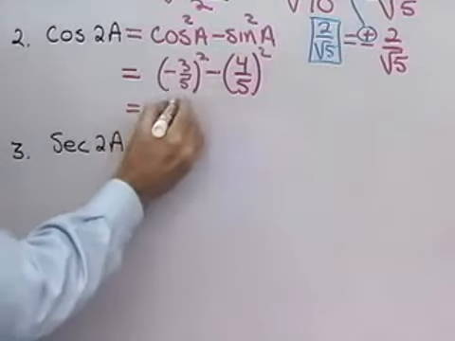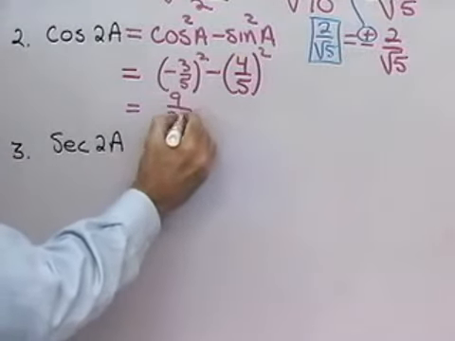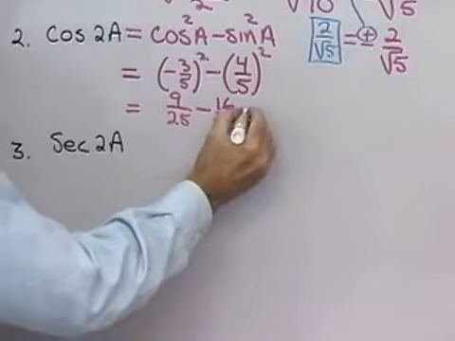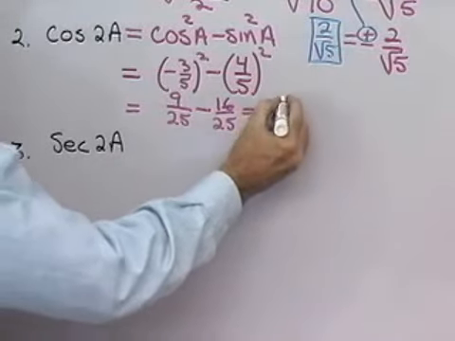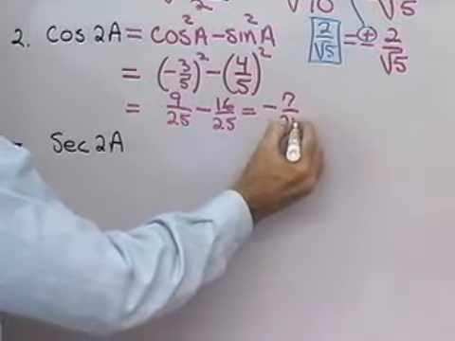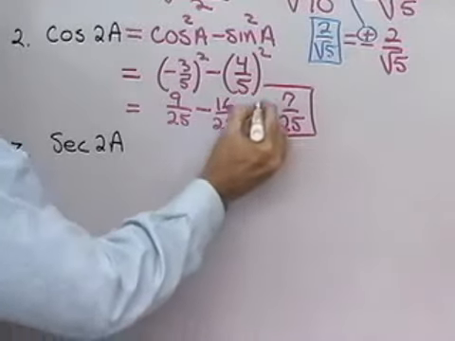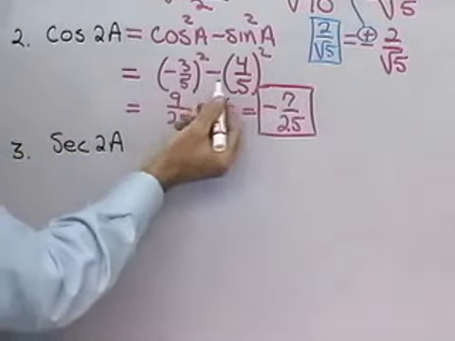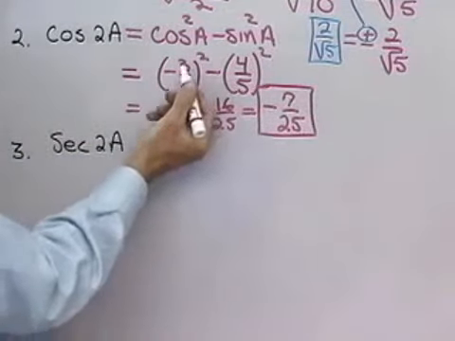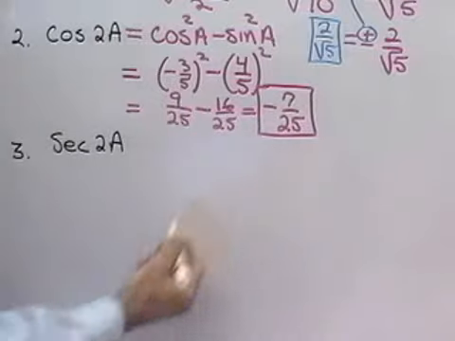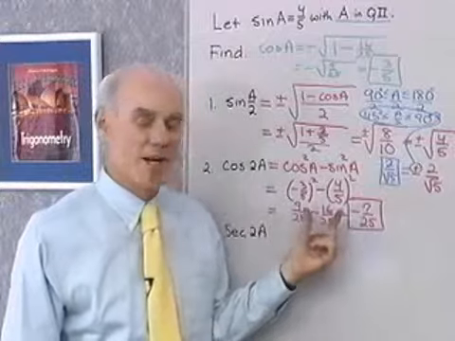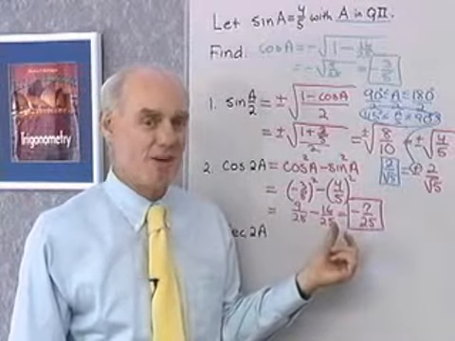So I'm going to end up with 9/25 minus 16/25. So I should end up here with negative 7/25 for the cosine of 2A. So, substituting in the values I have from problem number 1, I get negative 7/25. That's not too bad. Pretty easy. I think the double angle formulas are a little easier than the half angle formulas.